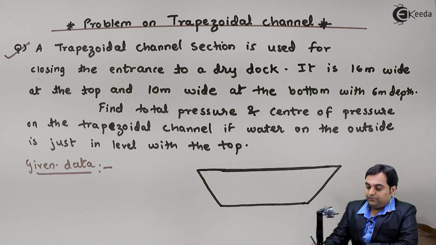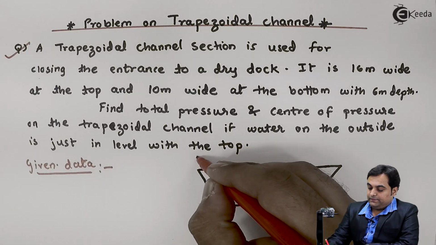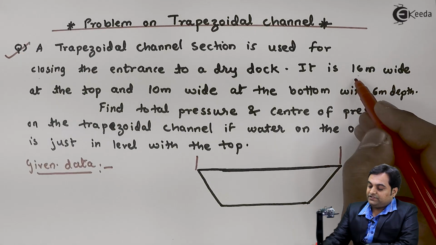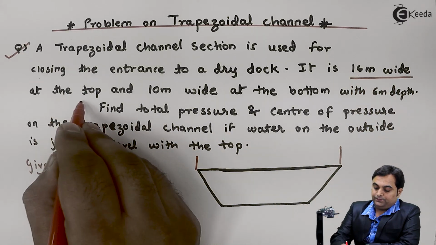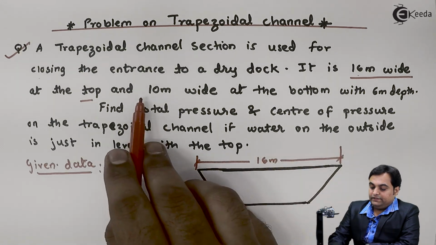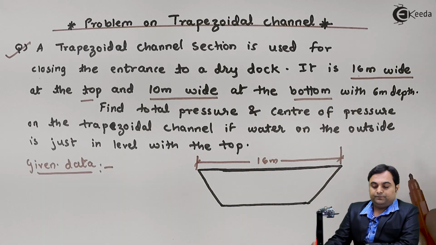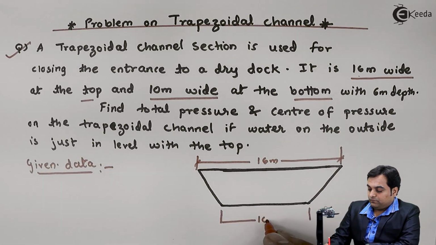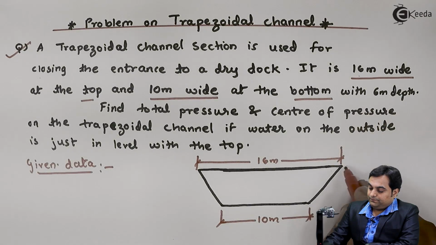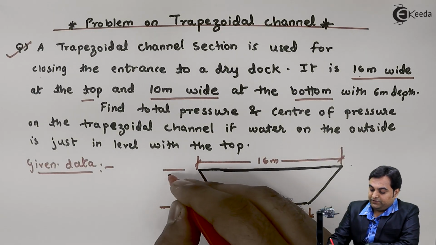It is given that the trapezoidal section is 16 meter wide at the top and 10 meter wide at the bottom with 6 meter depth. It is 6 meter deep.